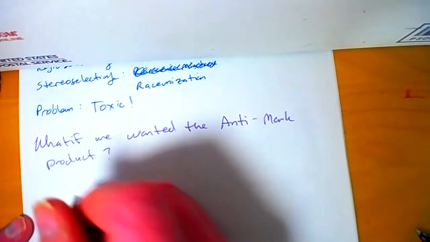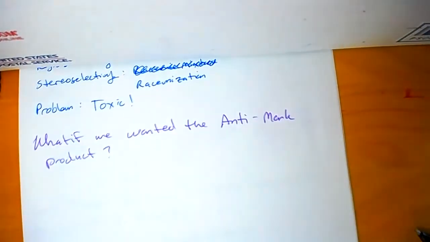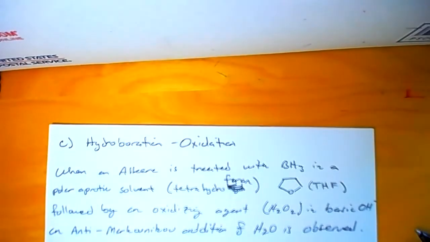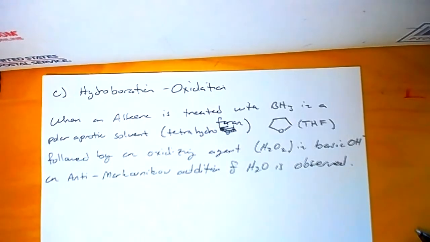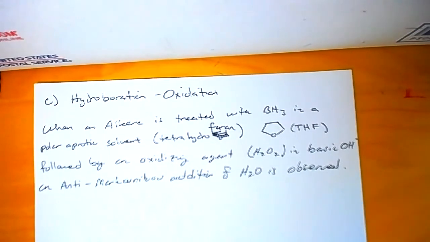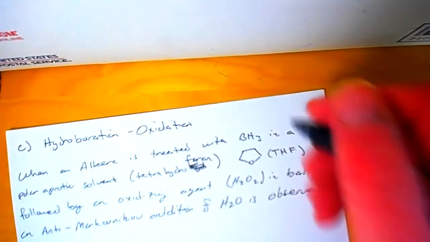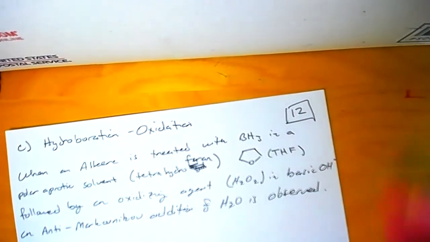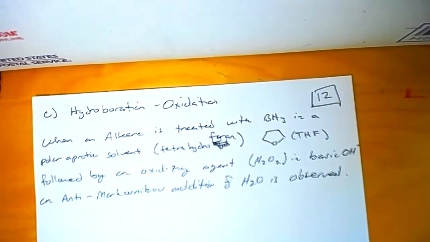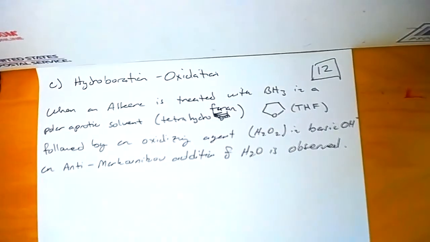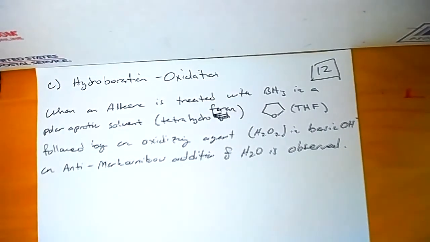Well, then we're going to want to consider this method, which is hydroboration-oxidation. Hydroboration-oxidation is essentially when an alkene is treated with BH3 in a polar aprotic solvent, something like tetrahydrofuran, followed by an oxidizing agent in basic hydroxide.